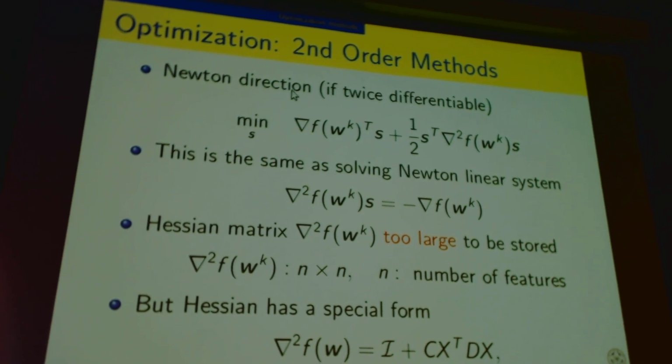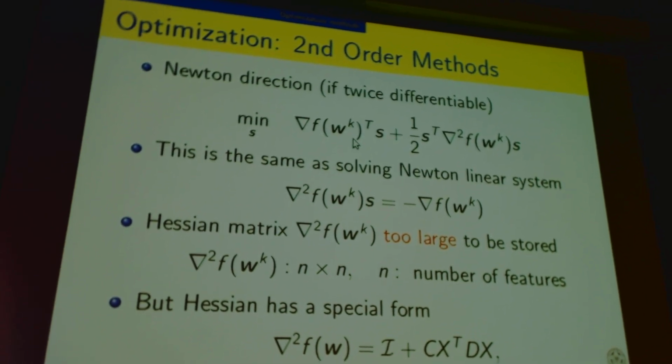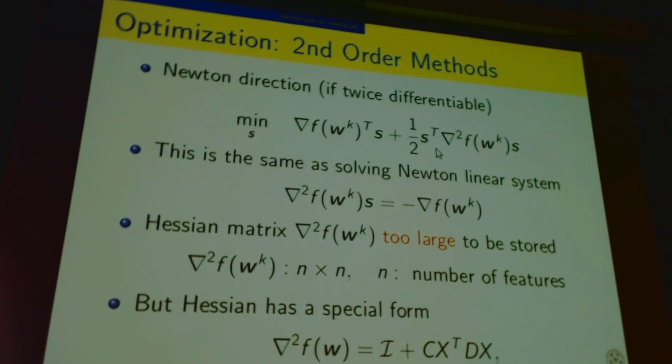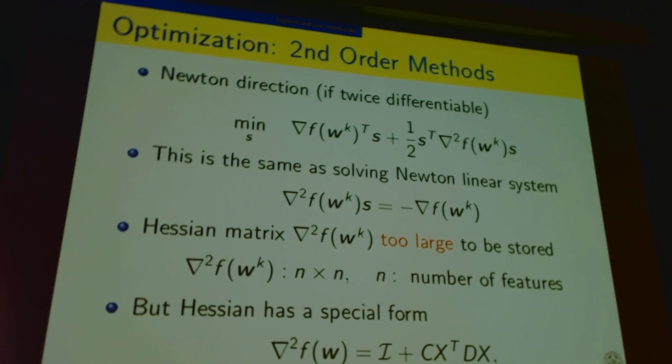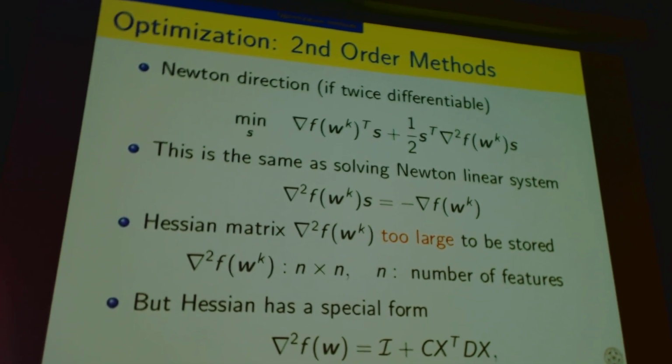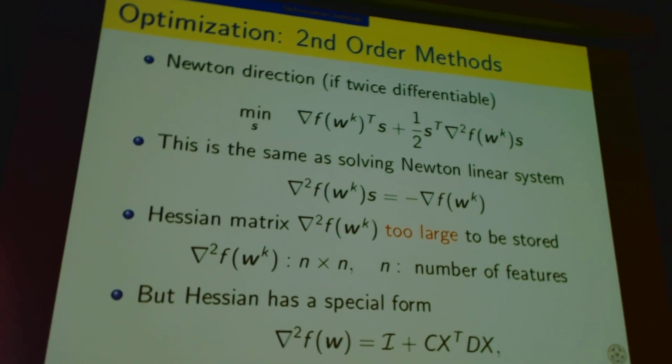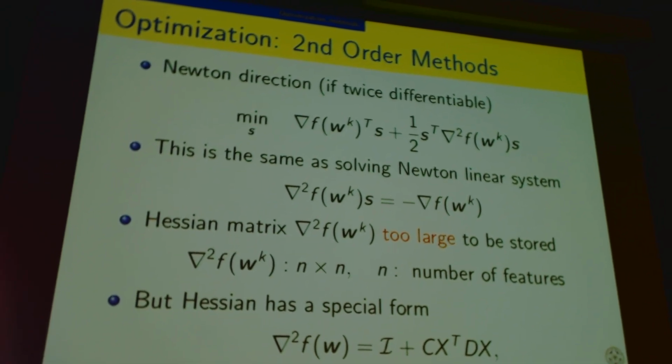That is the solution of the second order approximation of the function value. Suppose W_k is your current solution. Then this function of S is the second order Taylor expansion at the point W_k. So now I minimize the subproblem over S to generate a direction S. Then using that S, I can update W. So that's the basic idea of Newton method.